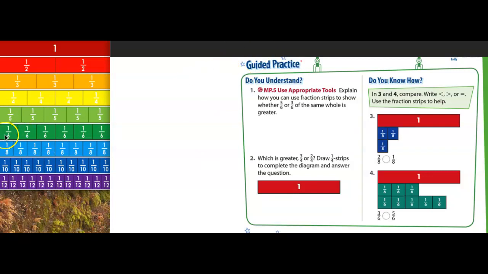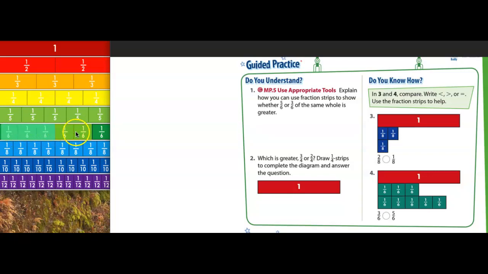I go to 6 and I count 1, 2, 3, 4, 5 sixths. 5/6. Then I'll do 3/6 in another color, 1, 2, 3/6.